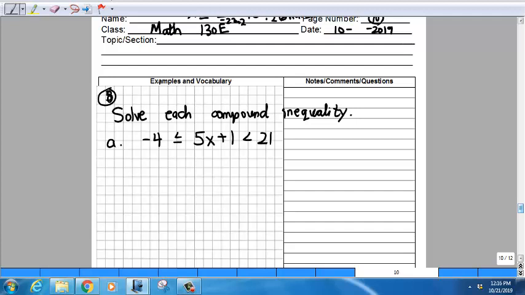So that expression, that quantity, is somewhere between these two values, okay? And to solve that inequality means I'd like to have just x here in the middle rather than 5x plus 1. So if the quantity 5x plus 1 is between these two values, then can I capture x also between two numbers? Okay.